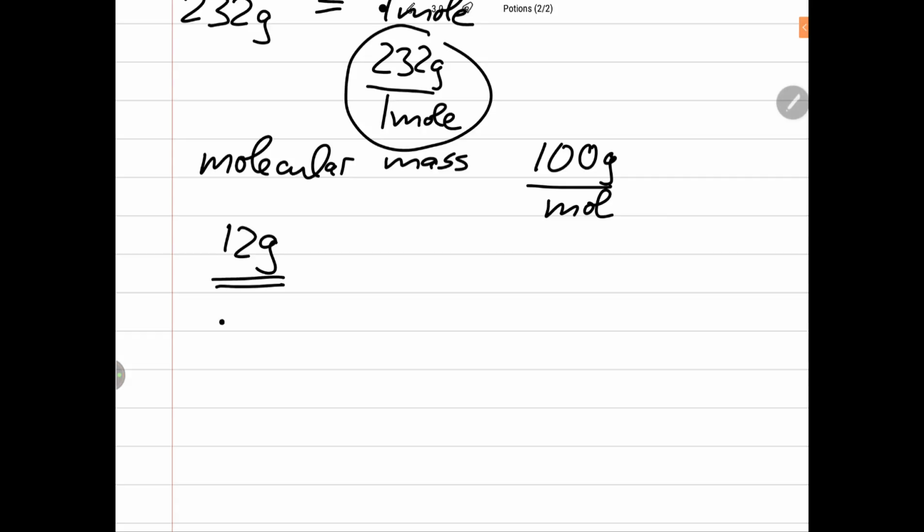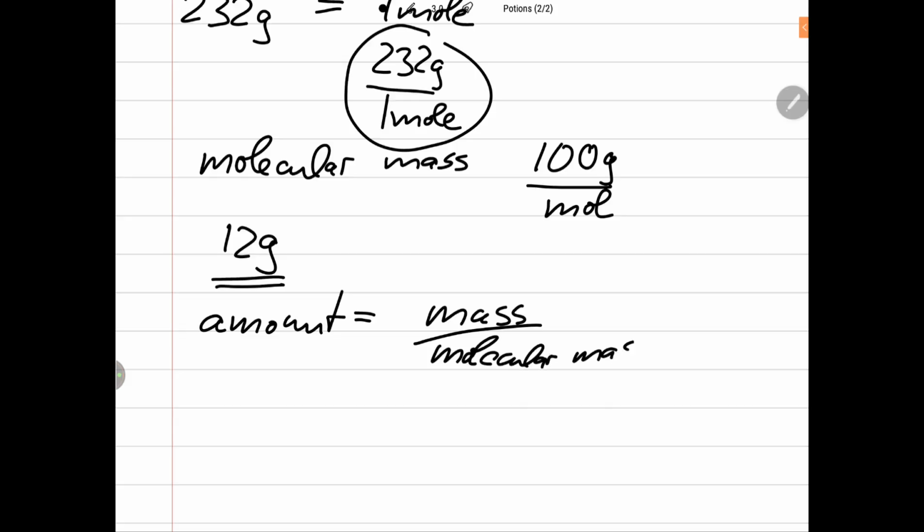So amount equals mass divided by molecular mass. Probably.